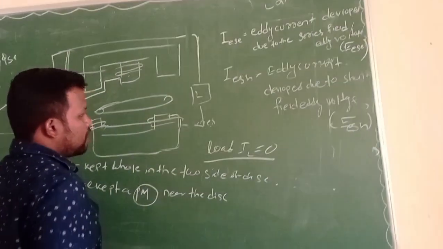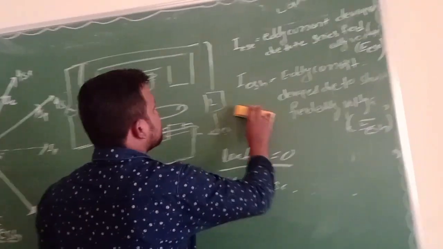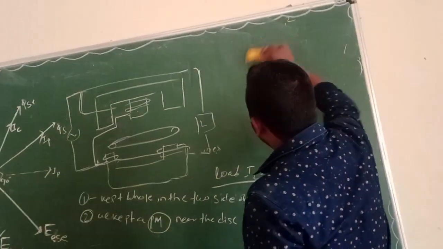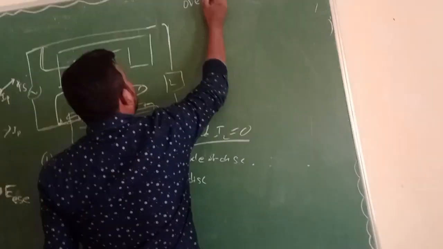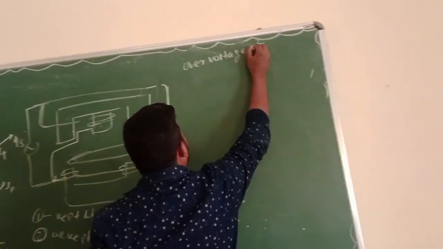Or there are two other serious problems in the energy meter, that is overload compensation or over voltage compensation. One is over voltage compensation.